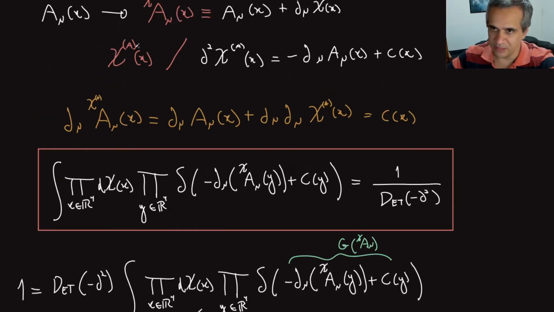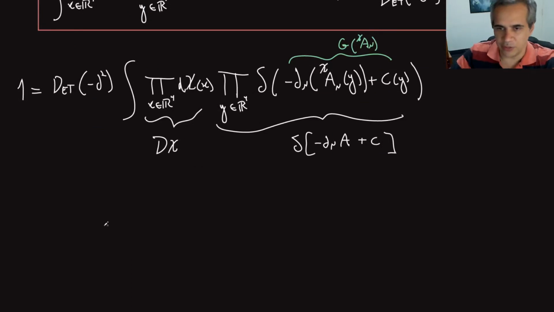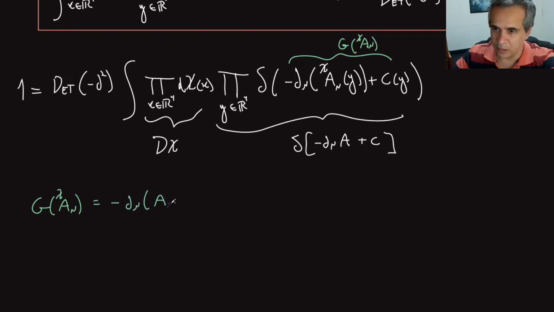So I can show that G of A mu chi can be written as, let me just copy it for now, del mu A mu chi plus c. That's everything that's inside this delta.